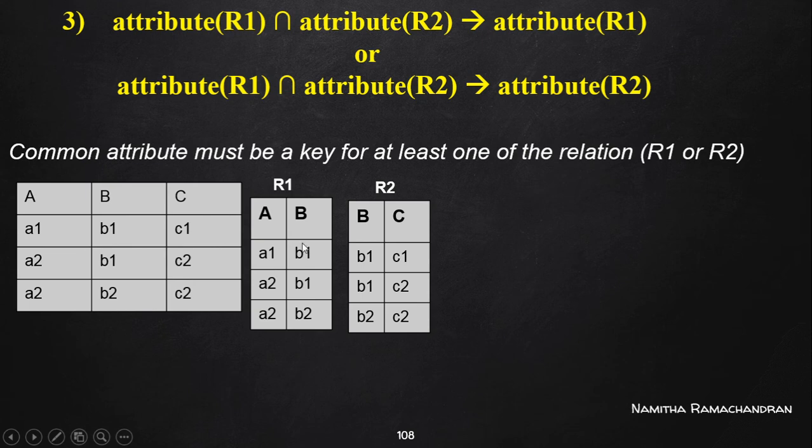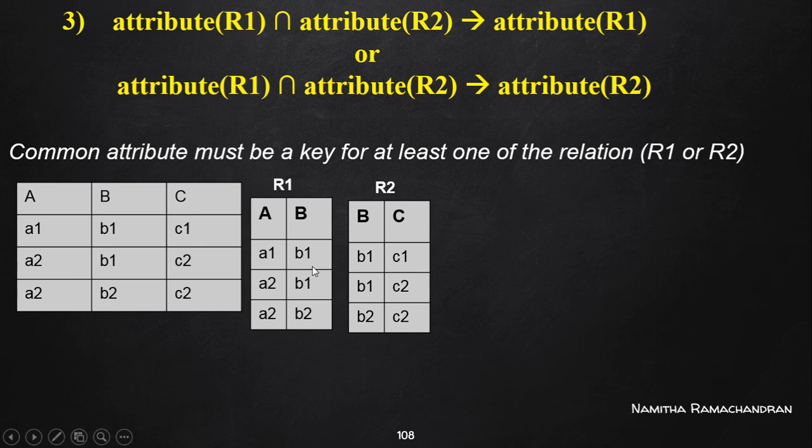So what is the meaning? Using this B1 value, which is directly related with A1 and A2, we can't distinguish between these two tuples or these two rows. That means this B is not a candidate key for this relation.